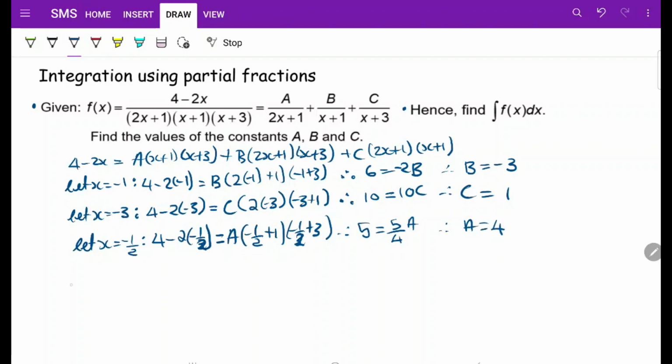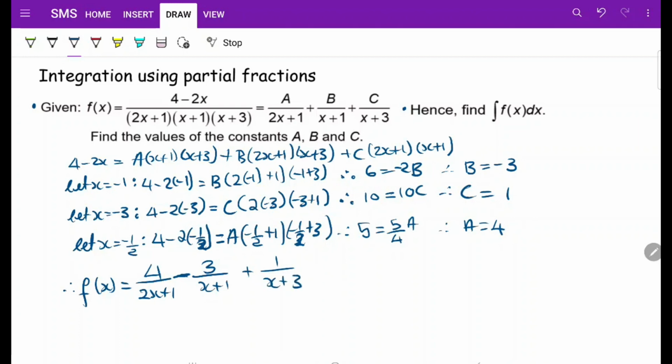So once we find a is equal to 4, what that means is that f of x can now be written as 4 over 2x plus 1, plus the value for b. b is a negative, so this becomes -3 over x plus 1. Lastly, plus c, which is 1, and therefore this is over x plus 3.